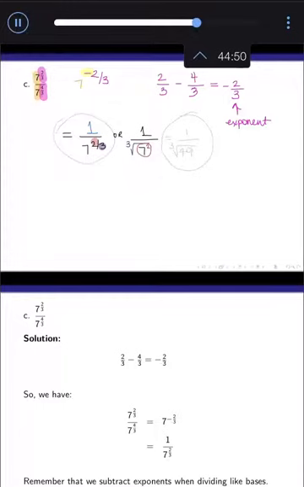So that would be possible to rewrite this as 1 over the cube root of 49. Either one of these answers are correct. It just depends on how far they want you to go in simplifying your result.